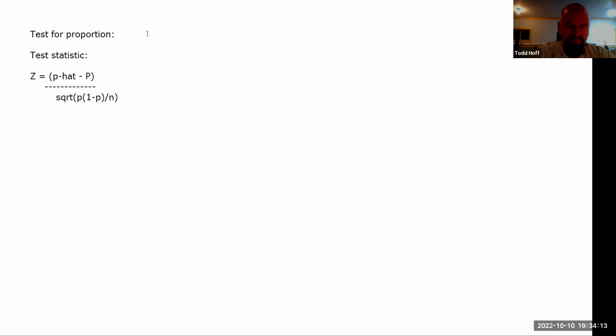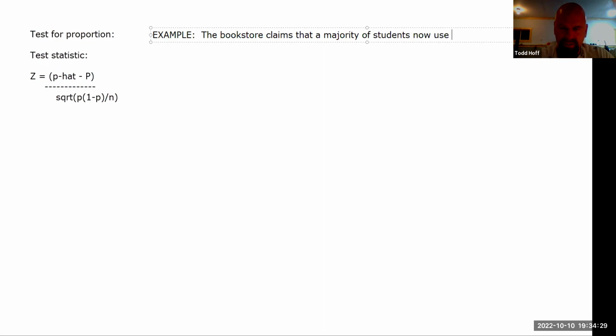So let's look at our example here. So let's say that the bookstore claims that a majority of students now use ebooks instead of hard copy textbooks. The random sample of 400 students gives that 218 use hard copy.